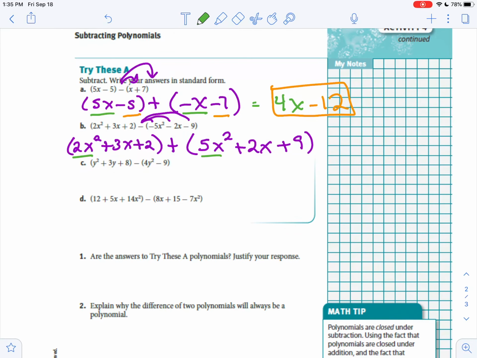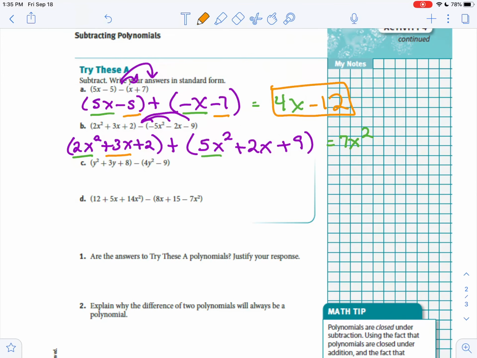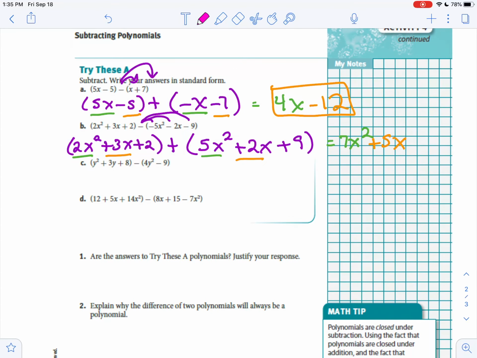I'm going to do my squares first: 2x squared plus 5x squared equals 7x squared. We have 3x plus 2x, and that will give me 5x. Finally, we have 2 plus 9, 11. And that is our answer.